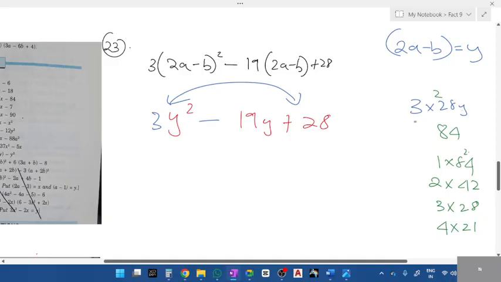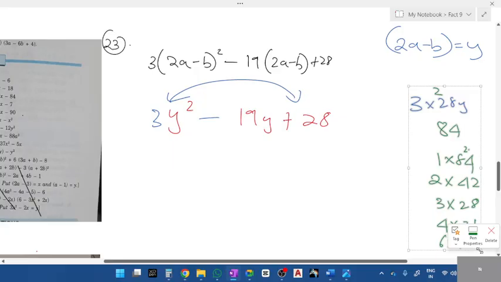3 8s are 24, 3 2s are 6, 7 8s are 84. Okay, 2 into 42, 3 into 28. Which one gives 84?